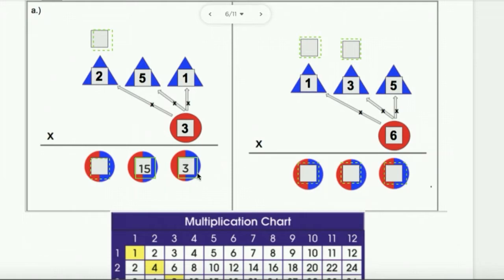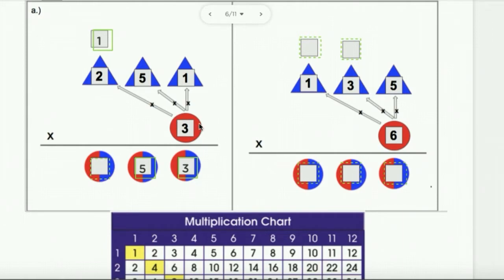No. I have more than 10, right? So think about when we were bundling before. If we had more than 10, we had to bundle, which means we're going to bring our group of 10 to our next place value. So that 5 is staying on the floor, and where is my 1 going to go? Yeah, absolutely. It's going to go next door to my hundreds place.